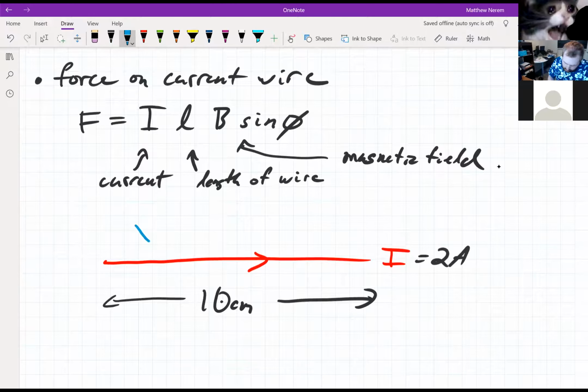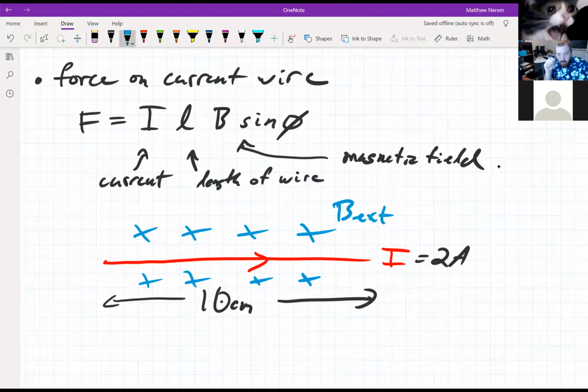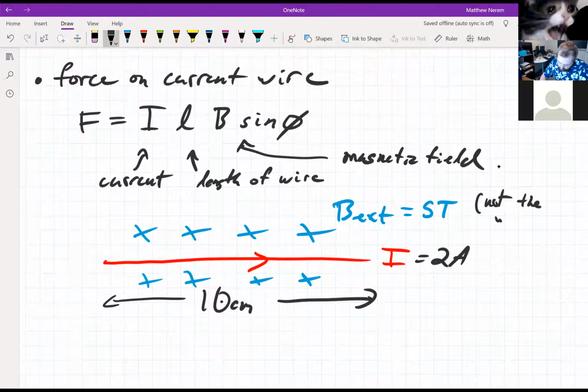We'll say magnetic field is going into the page. I'm calling it B external because I'm not talking about the magnetic field that wire produces. I'm only talking about some external magnetic field. And we'll say this one is 5 Tesla. Disclaimer, this is not the wire's field. We'll get to that a little bit later.